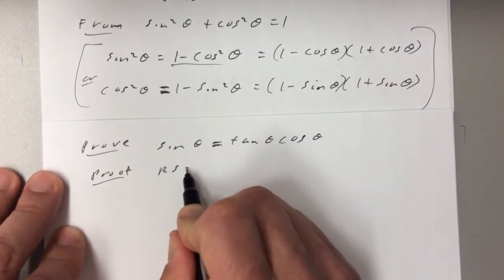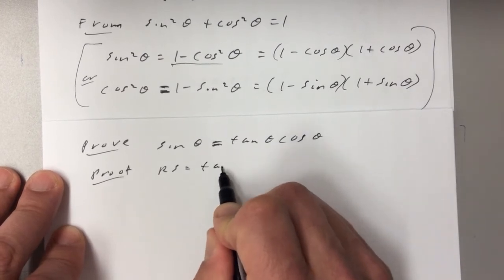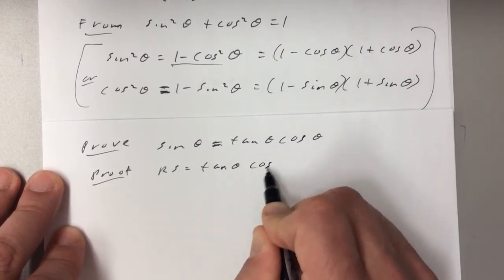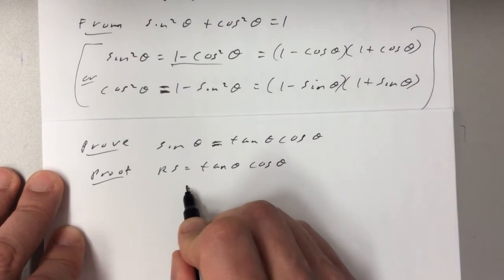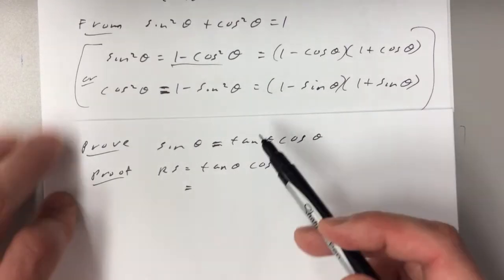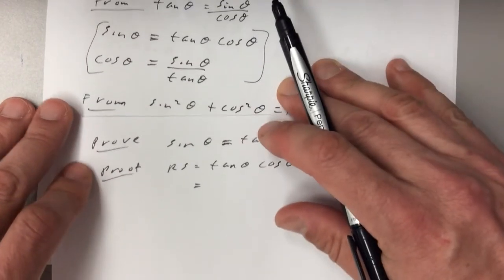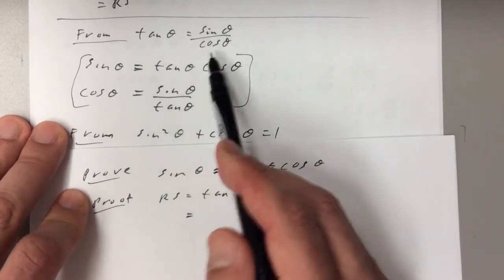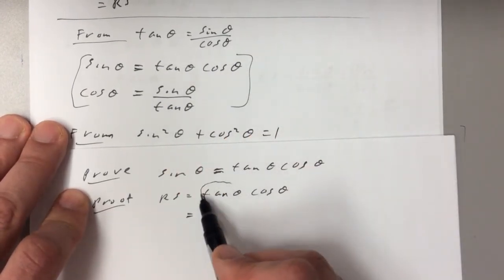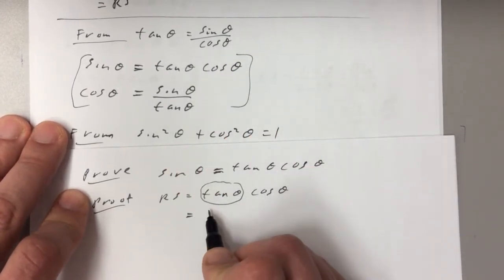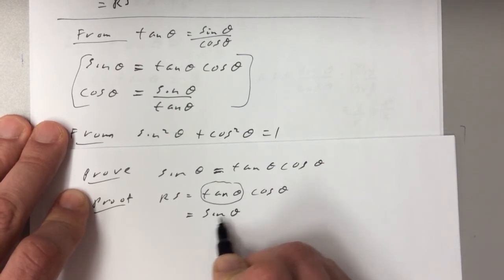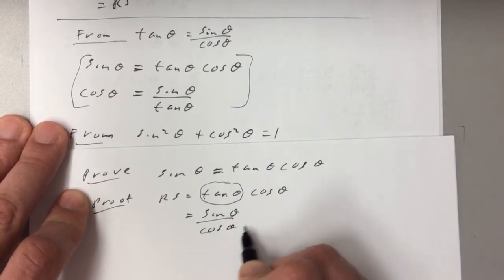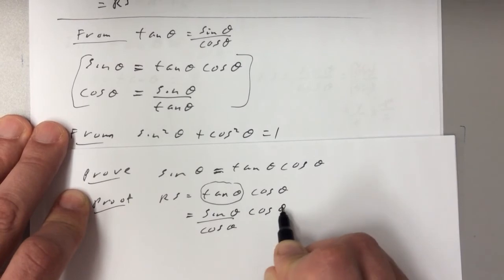So right side equals tan theta cos theta. And we know from the main identity that tan theta equals sine theta over cos theta. So we're going to replace it with sine theta over cos theta times cos theta.